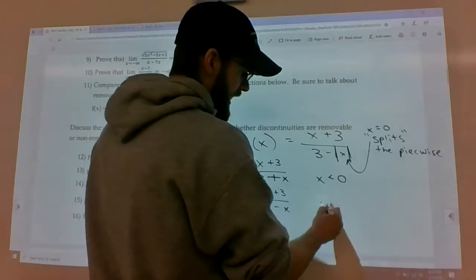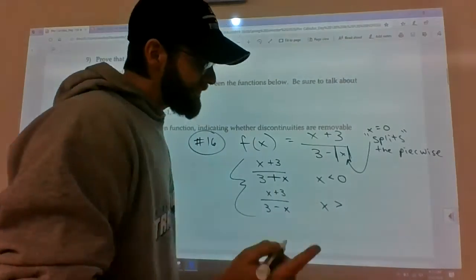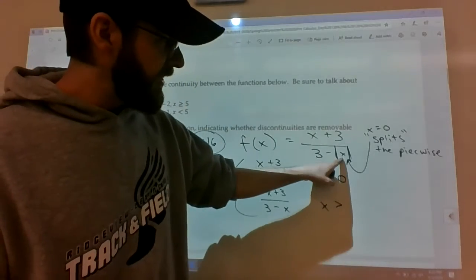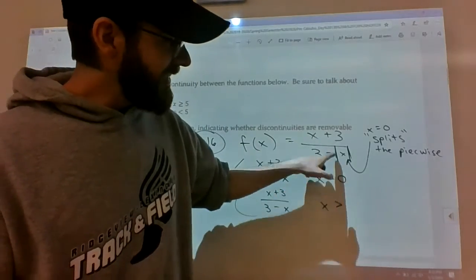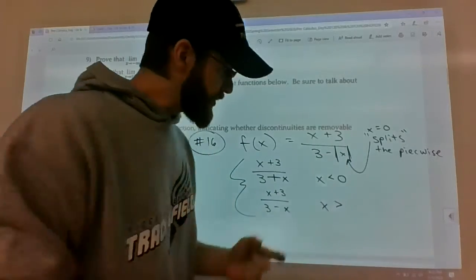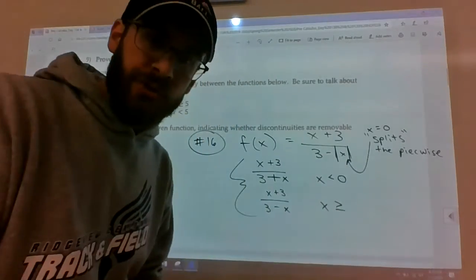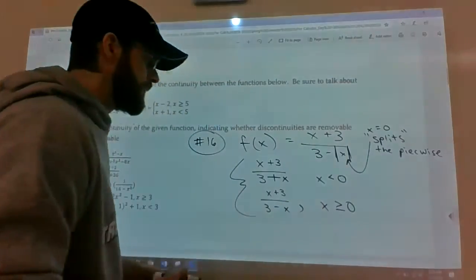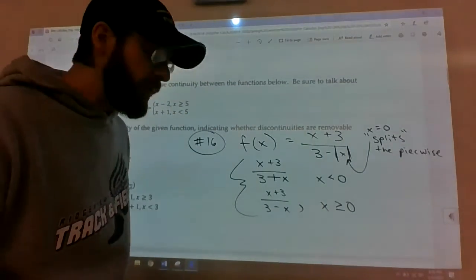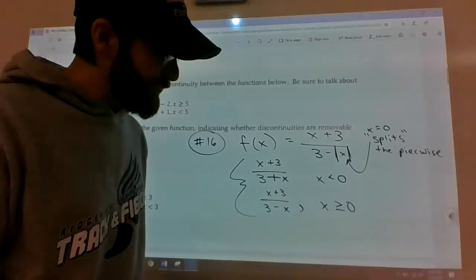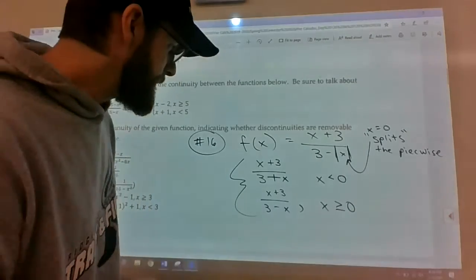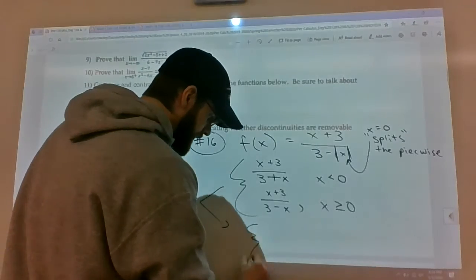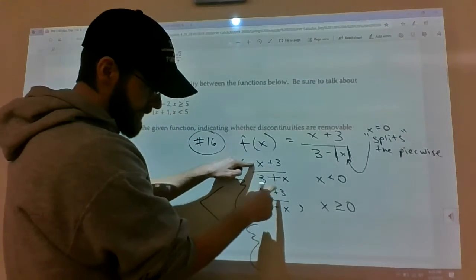And then you go x is greater than. Now, is 0 a domain issue? If I plugged in 0 here, and 0 here, that doesn't make a 0 on the bottom. So I would include the equal to there. Oh boy, okay, so this requires some real analysis. This piecewise is 1.